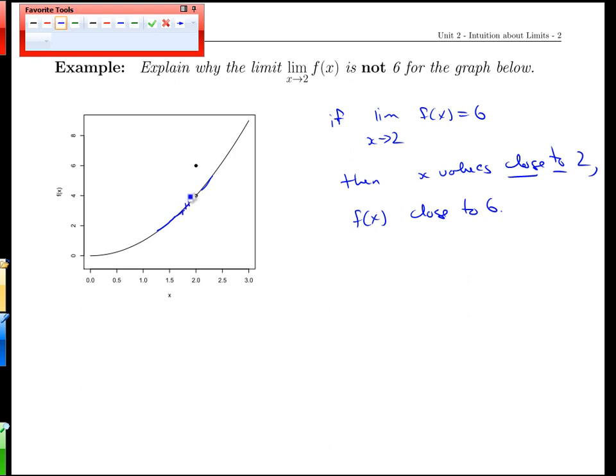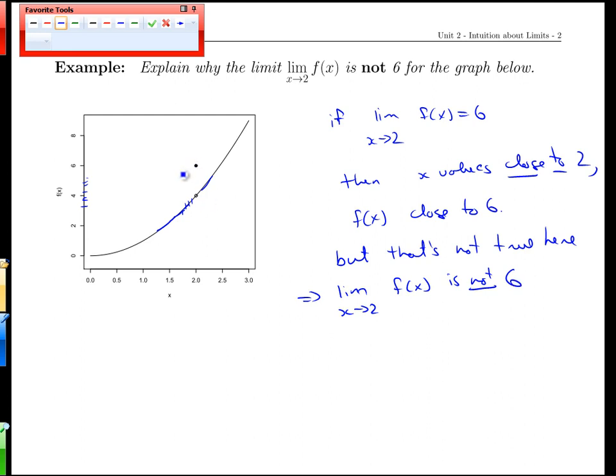If we take x values close to 2, we get output values, y values, that are close to 4. So that's simply not true here, which tells us that the limit as x approaches 2 of f of x is not 6.